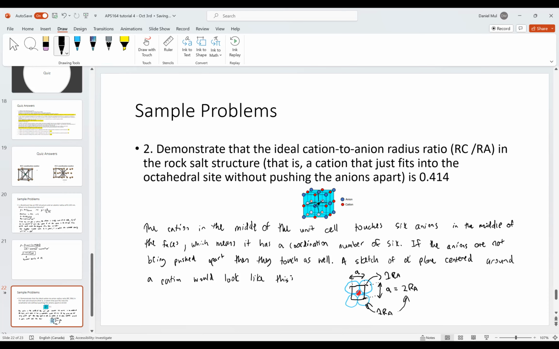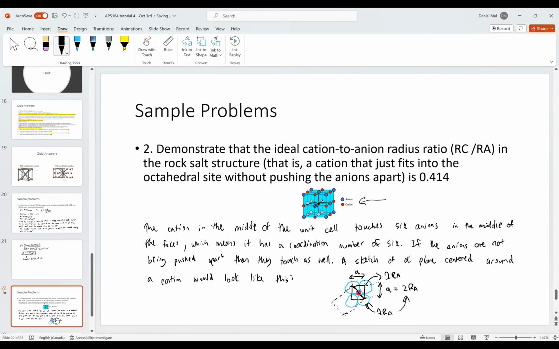And then if we consider the diagonal, you can see that we get a radius from this one, a diameter from the red, and then a radius from the other. When you consider all these structures, we only use small spheres as a representation. What's actually happening is they're really close.